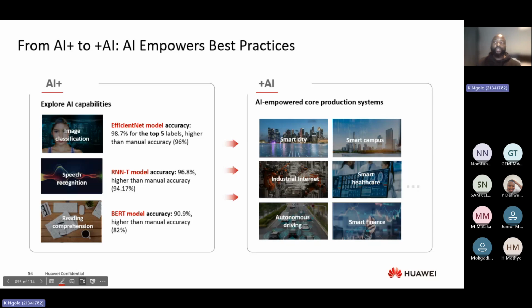So can anybody tell us why, in the case of speech recognition, we cannot use the previous model, the EfficientNet model? What's the main reason why we can't use EfficientNet for a scenario where we want to deal with speech?